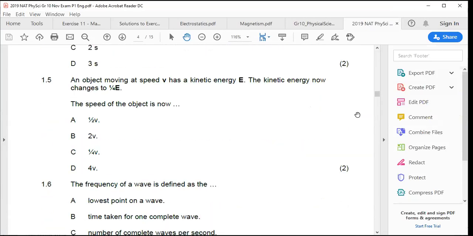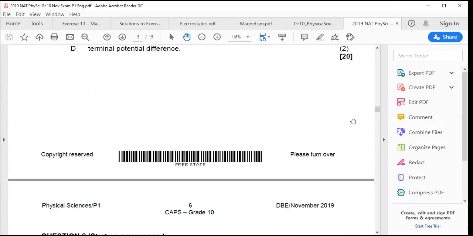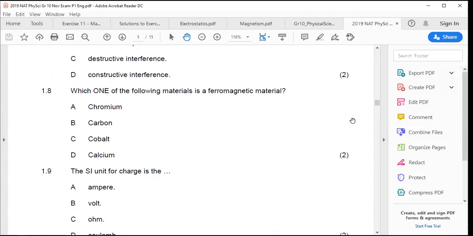From a past paper, this is what we have here. We just check it with one question. There's one here, multiple choice, 1.8. Can you see the question that I'm referring to? It says 1.8. Which one of the following materials is a ferromagnetic material?